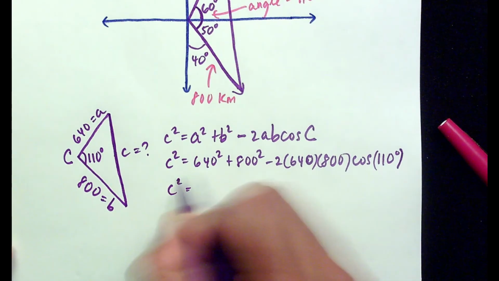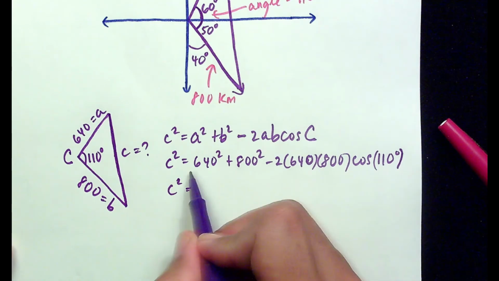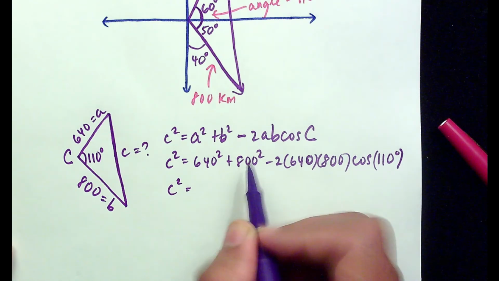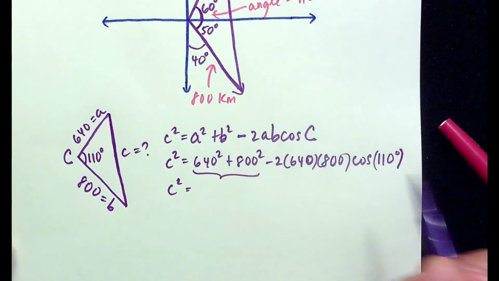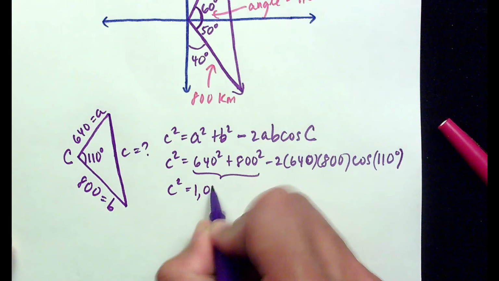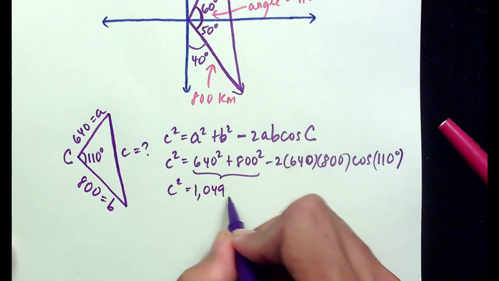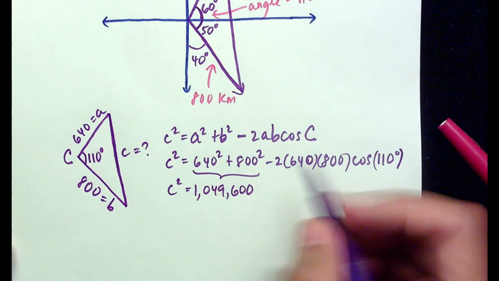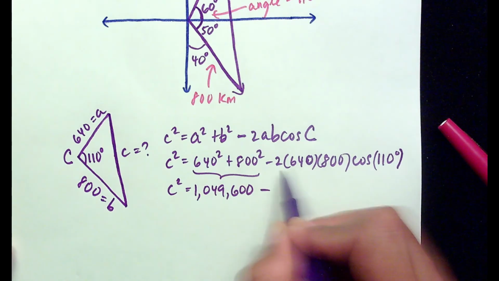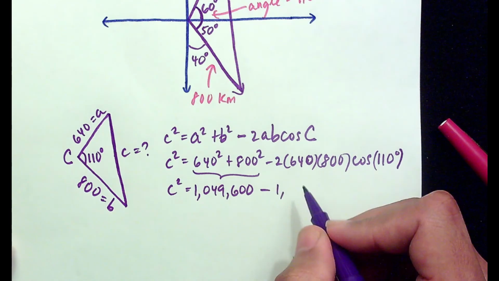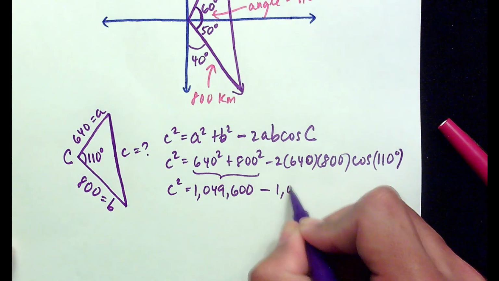Okay, now let's simplify. If you put 640 squared plus 800 squared in the calculator, you're going to get 1,049,600. And now this part, if you multiply 2 times 640 times 800, you get 1,024,000.